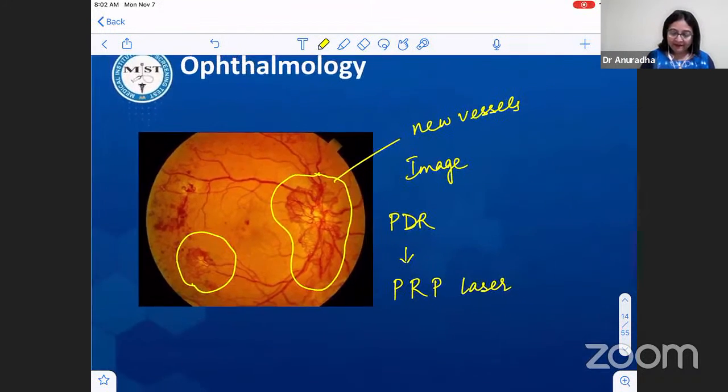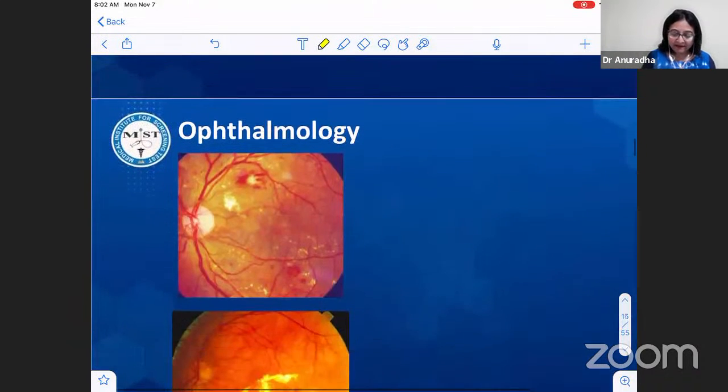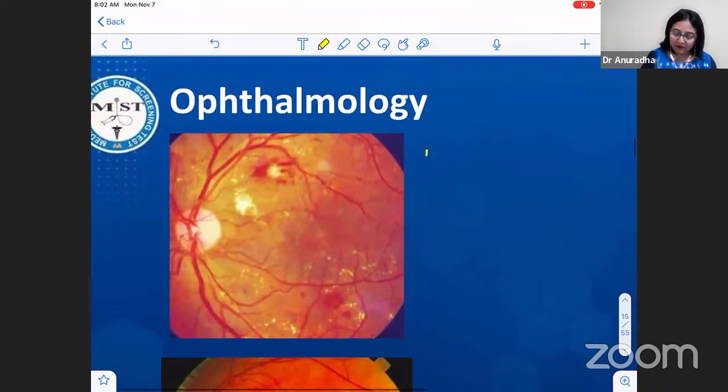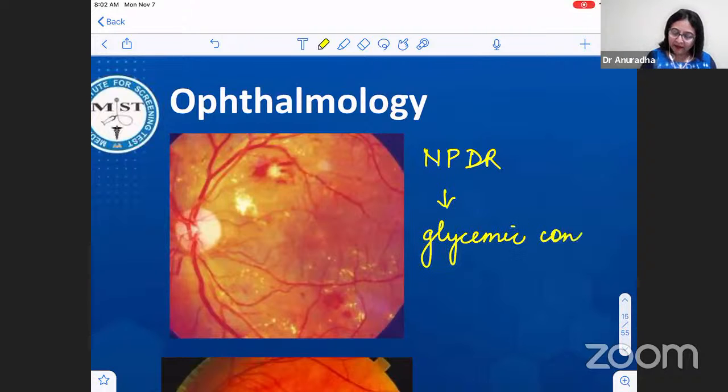And when it is the NPDR stage, it means no new vessels. So for the NPDR stage, as you told me, good glycemic control and regular examination. Keep your blood sugar under control, metabolic control.